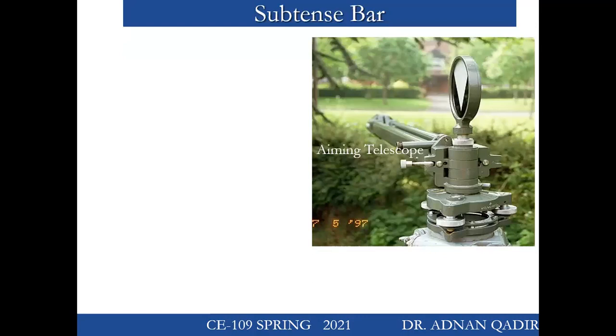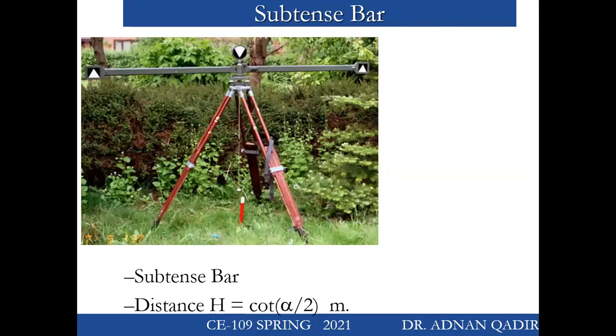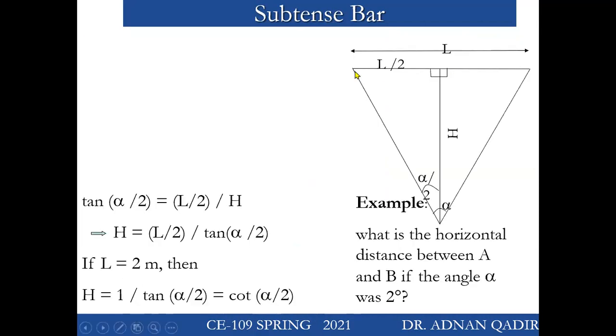There are aiming points and the aiming telescope, and you can see the distance. You sight this distance from the point, and alpha is always known to you. This h is also known to you, so you can find this distance length from the point like this.